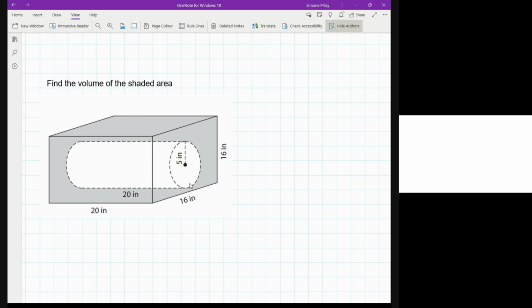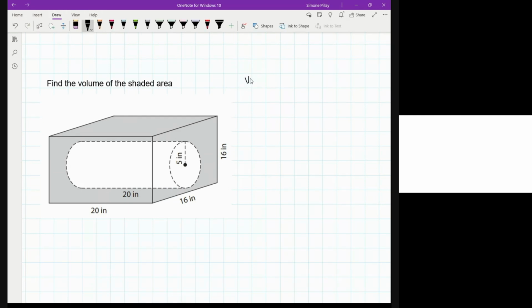In this question, we have one shape, and then they've cut out another shape from it. It's the very same concept, but we calculate the volume of our first shape, calculate the volume of the shape that's been cut out, and then we minus the volume of the shape that's been cut out. So let's look at what I am talking about.